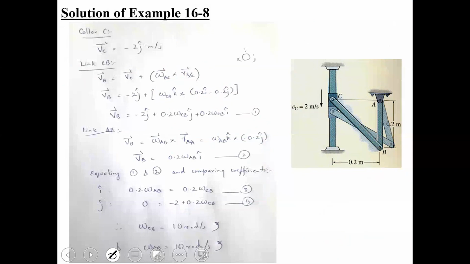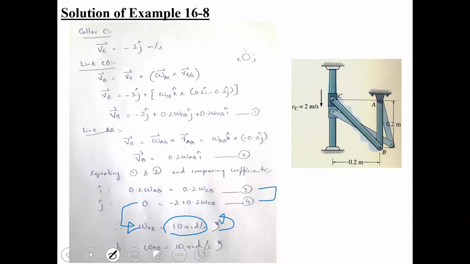So moving towards the final solution, ये आपके पास वो दो equations आई थी. i coefficients को compare करके 0.2 omega AB should be equal to 0.2 omega CB और j coefficients को जब आपने compare किया 0 should be equal to -2 plus 0.2 omega CB. So from this equation, omega CB comes out to be 10 radians per second, and since this omega comes out to be a positive quantity, it means that your assumed direction of omega was correct.